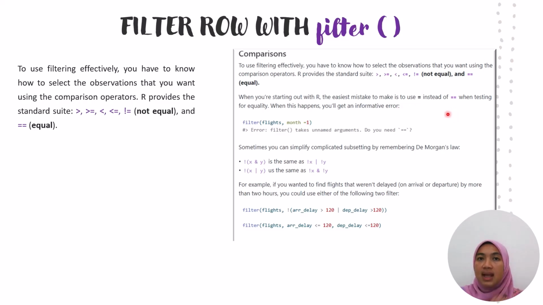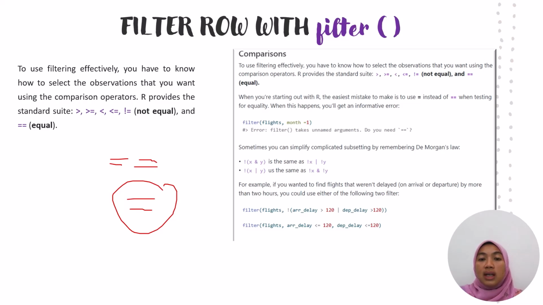Remember that if you want to test equality in R, you need to put a double equal, not the single equal as in SPSS, Word, and so on. When testing for equality, if you put a single equal here, you will get an error.